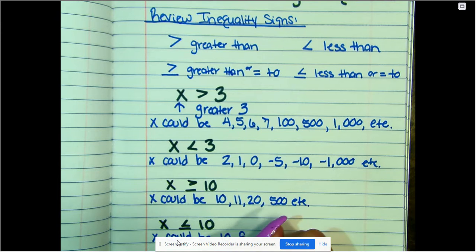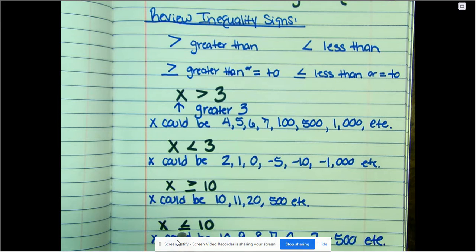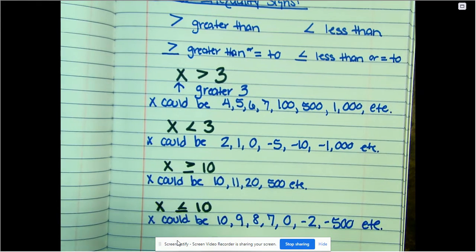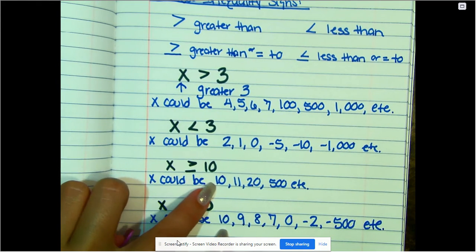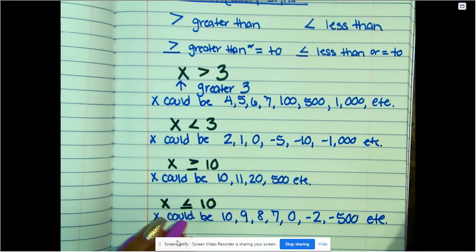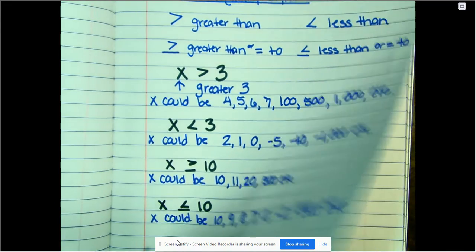It could be 9, 8, 7, 0, -2, or -500, etc. These two could also be equal to 10. I'm going to flip my page over because we're going to do some solving.